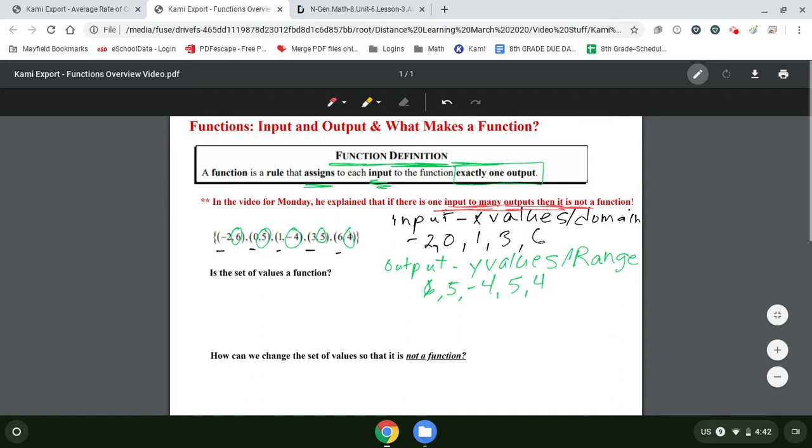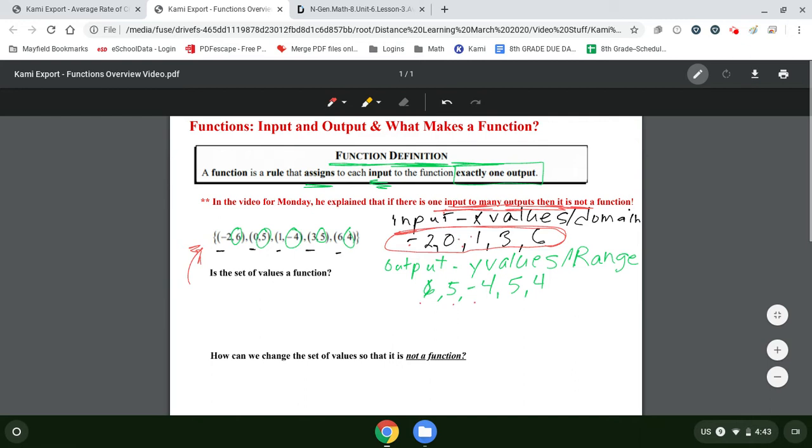So if I look at this particular set right here, I have my input values, okay, which are up here. And every input value has one output. So -2's output is 6. 0's output is 5. 1 is -4.